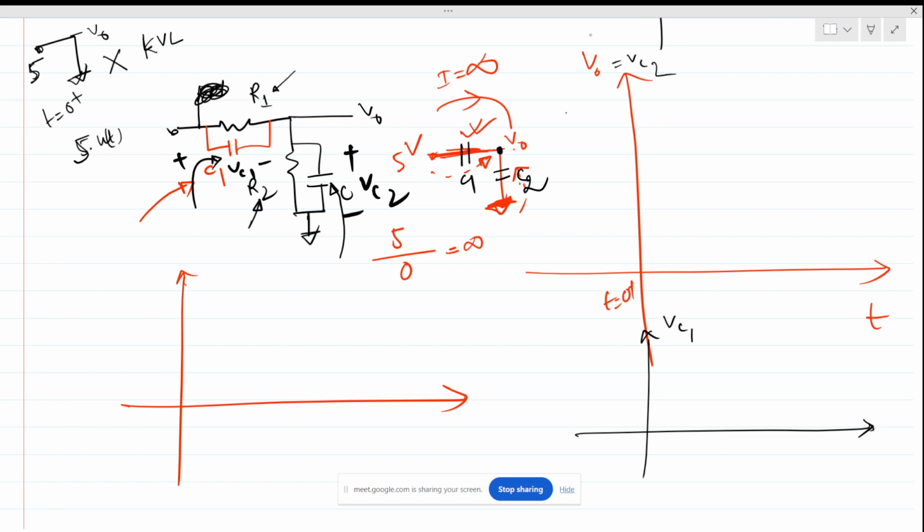KVL is not valid here. One node should have one potential, but here there are two potentials, one is ground and another is 5. This is not possible. So basically the current is flowing infinite in this circuit at t equals 0 plus.